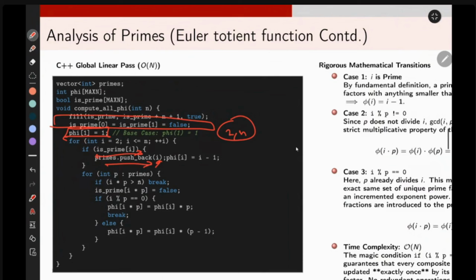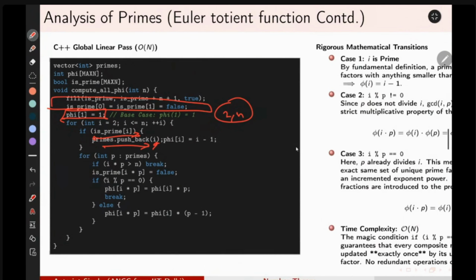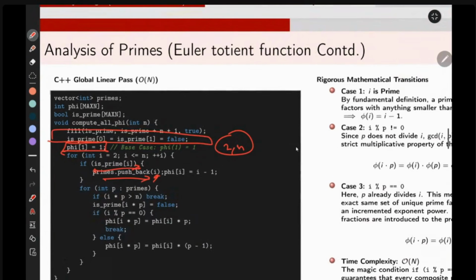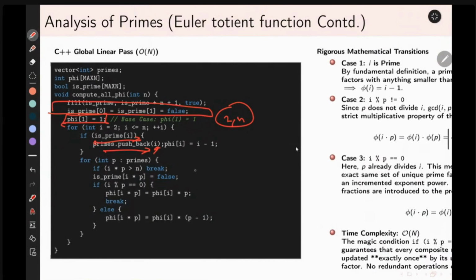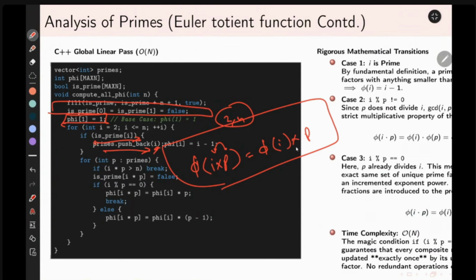So for p in primes, we just use the linear sieve method. So phi of i times p, if p is a number that has GCD 1 with i, then you can say that phi of i times p is phi of i times phi of p, as p is a prime.